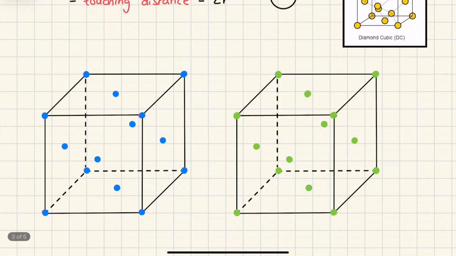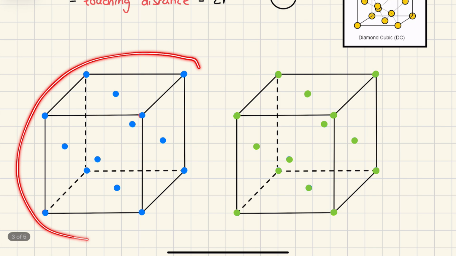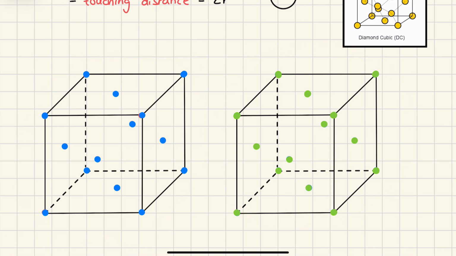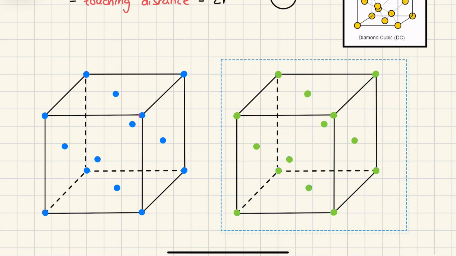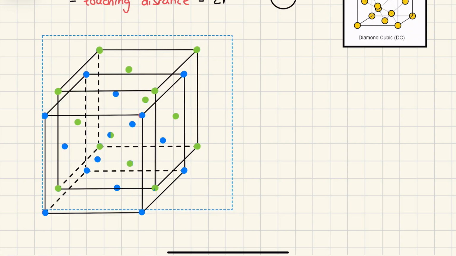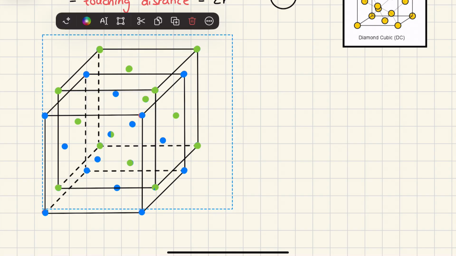What that means is the following. We have one FCC crystal here and one FCC crystal here. The face-centered cubic has one atom in each corner and one atom in each of the faces. Now we're going to take this one, push it into the first one, and we're going to offset it slightly by about 1/4 of an edge length in each direction.